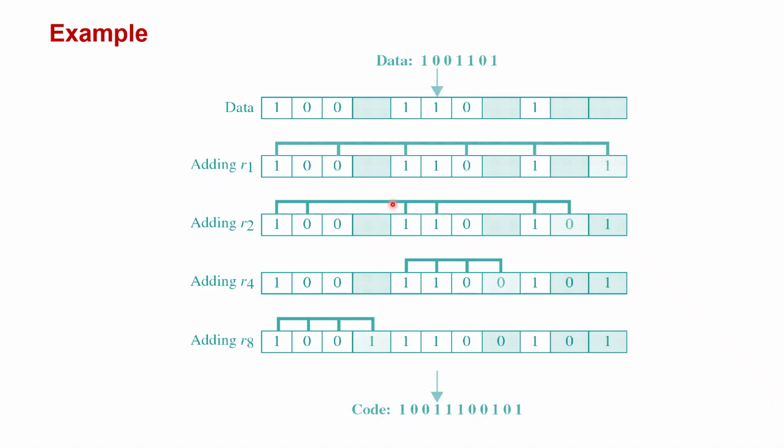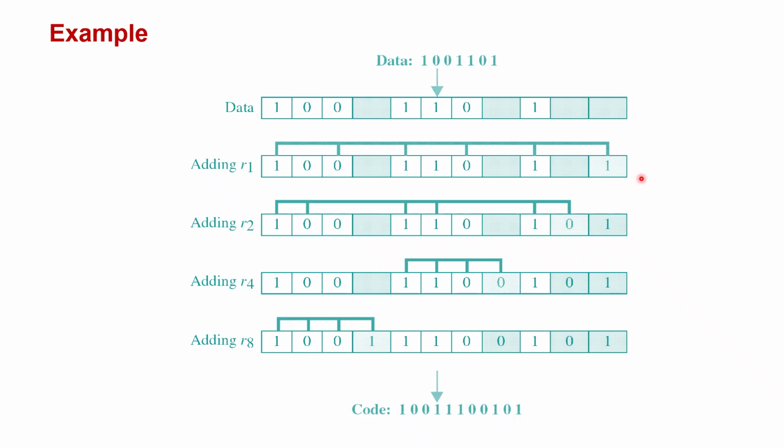Let us look at an example of Hamming code generation for the data 1001101. First, we insert the redundancy bits R1, R2, R4 and R8 in positions that are the powers of 2. Then each parity bit is calculated based on specific bit positions.